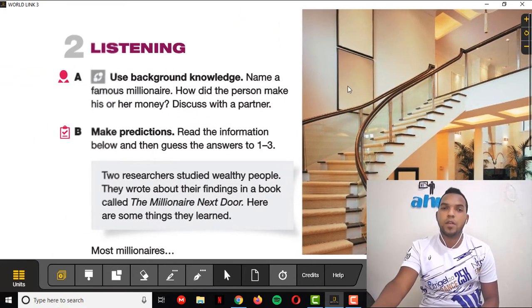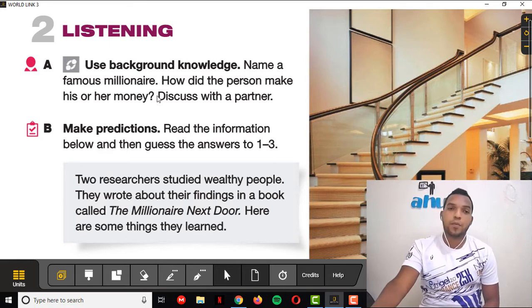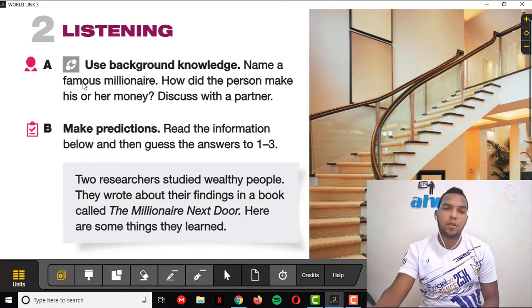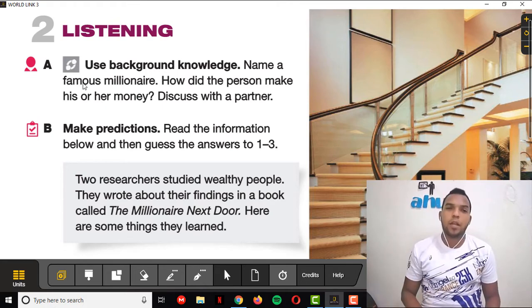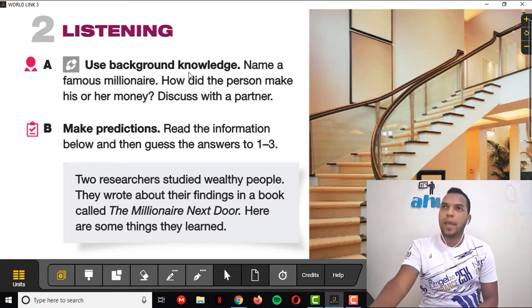So this is something you can do in a call with one of your partners. Once you are calling each other, you can say, let's do this practice. Name a famous millionaire. How did the person make the money? So you can discuss with them. For example, you say, let's say Will Smith. You know Will Smith. He was a comedian before, and an actor.